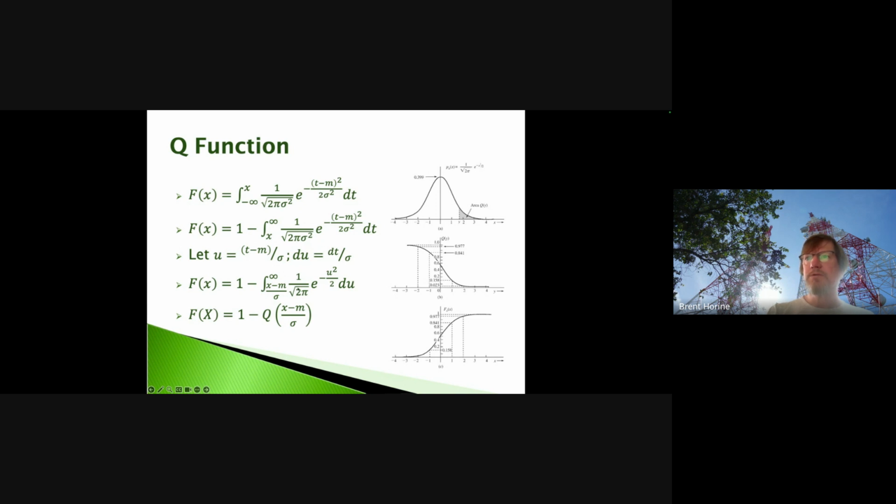We substitute that in, and then we can say that our probability distribution function is 1 minus Q of (x minus m) over sigma.